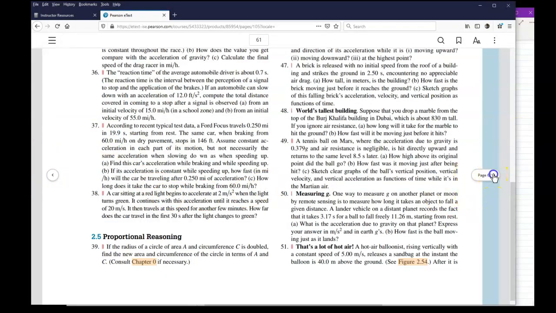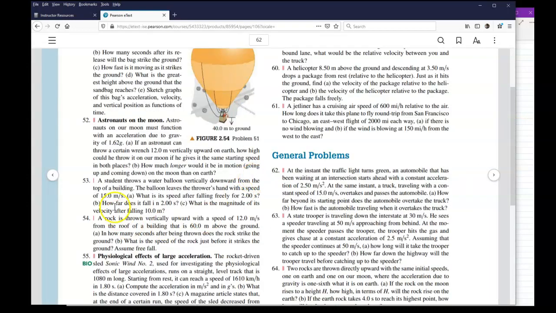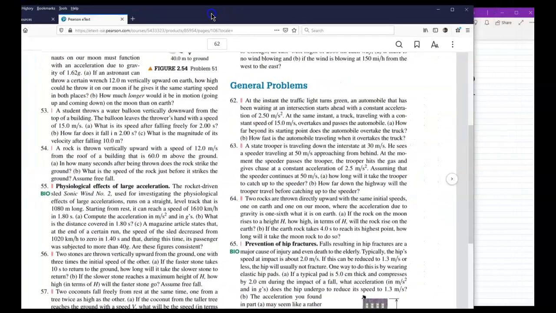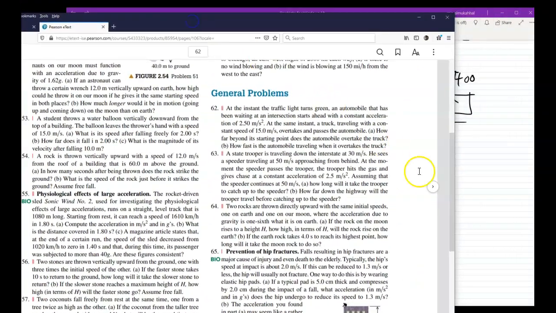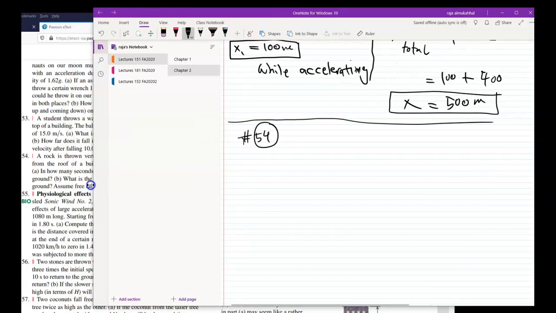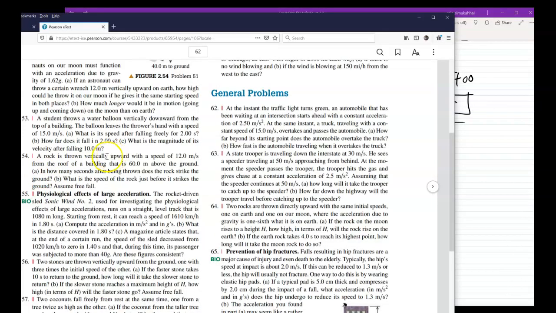Number 54, right there. Let's read it together. It says a rock. Oh, look at that, level 1. I don't think it's level 1. I would put it at least level 2.